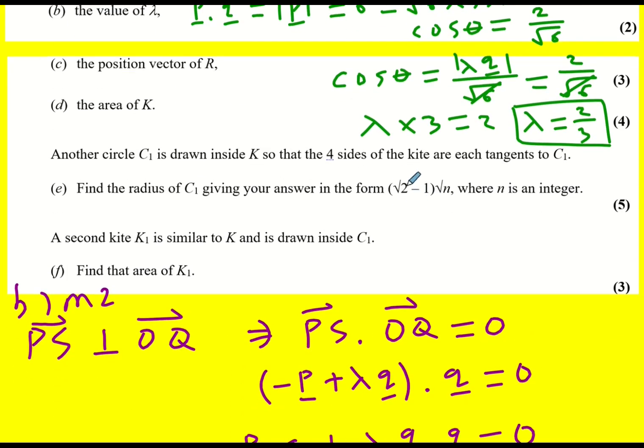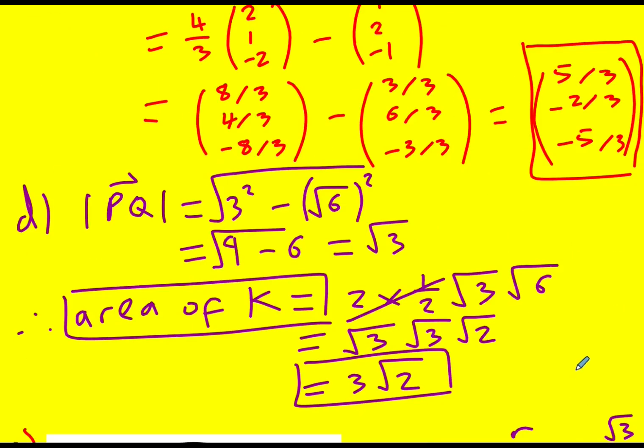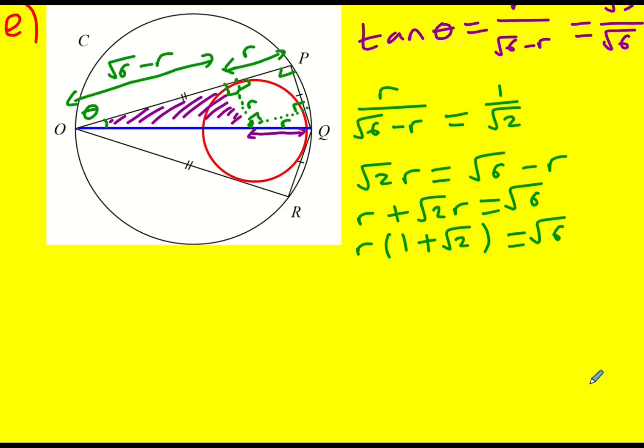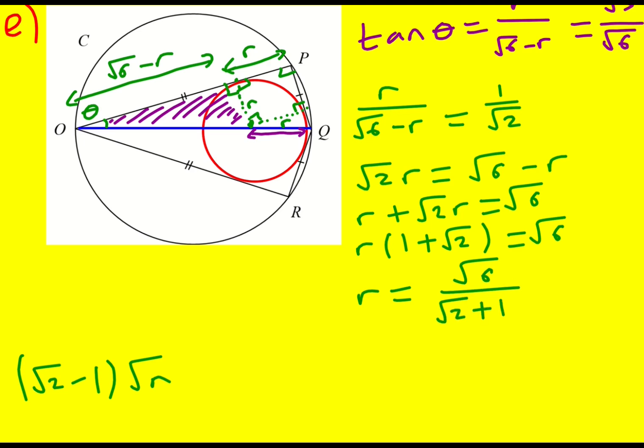So find the radius, root 2 minus 1 over root n. Sorry, times by root n. Right, so r is going to equal root 6 over root 2 plus 1. We're going to need to rationalize the denominator here, so we times by root 2 minus 1 over root 2 minus 1.